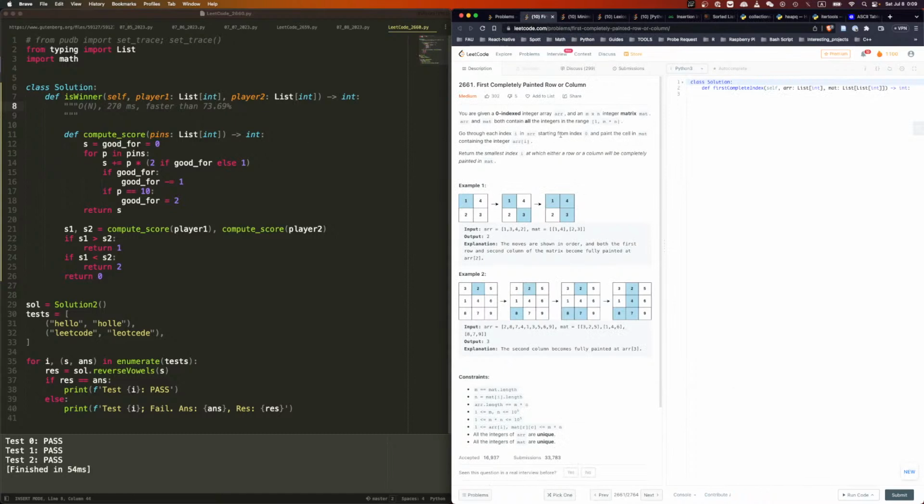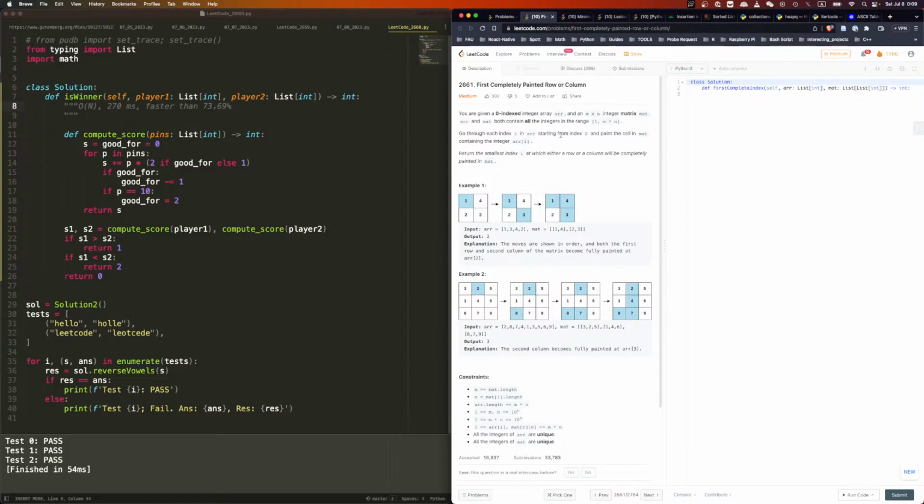First, completely painted row or column. You are given a 0-indexed integer array and an m by n matrix. Okay, the array is a permutation of integers from 1 to m times n.